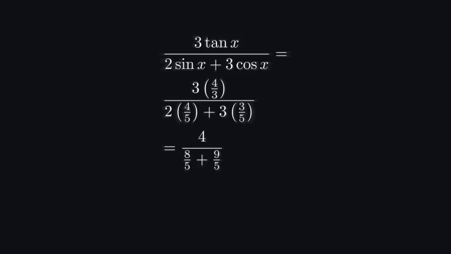So this simplifies to 4 over 8 over 5 plus 9 over 5, which is 4 over 17 over 5, which is 4 divided by 17 over 5, which gives 4 times 5 over 17.